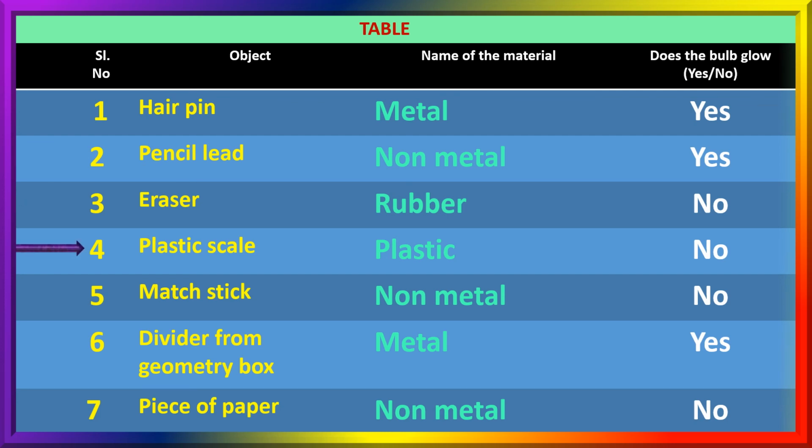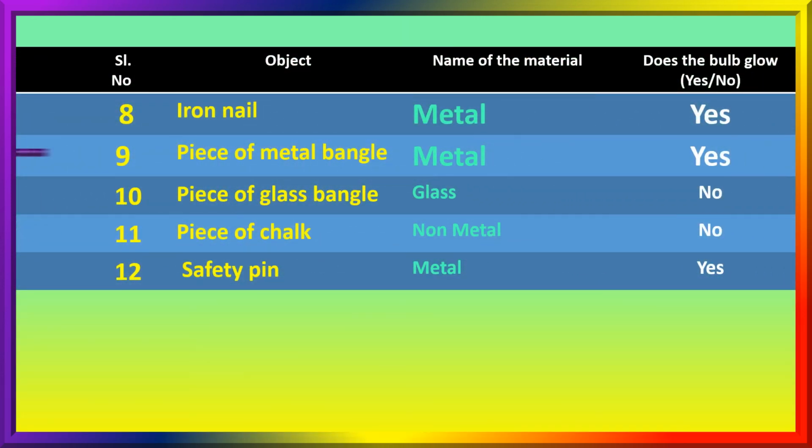So all these are the observations, and you can see here in which case the bulb glows and in which case the bulb doesn't glow. We have seen these observations so far.